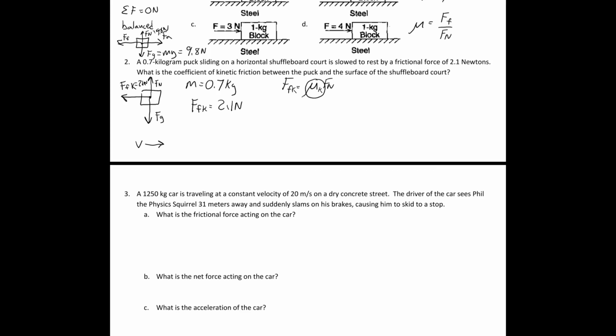We must know everything else in that equation, and we do. They tell us flat out the frictional force is 2.1 newtons. And we can assume that we're on Earth, g equals negative 9.8 meters per second squared. Why am I writing that? Because if we know what the weight is, we know what the normal force is, and then we know everything else in that equation. We're going to solve for mu k and plug in a number, but first we have to solve for the normal force.